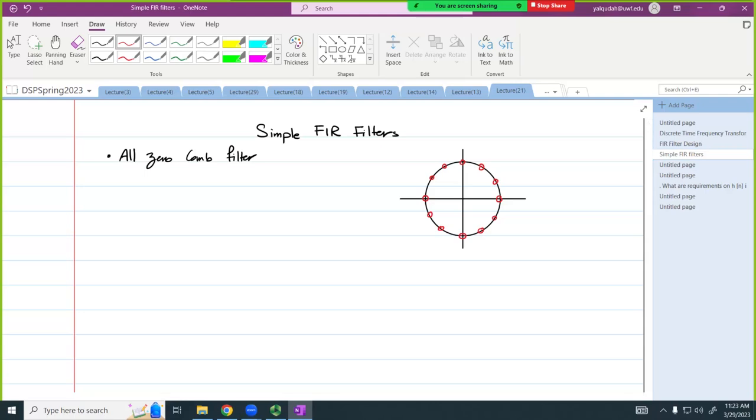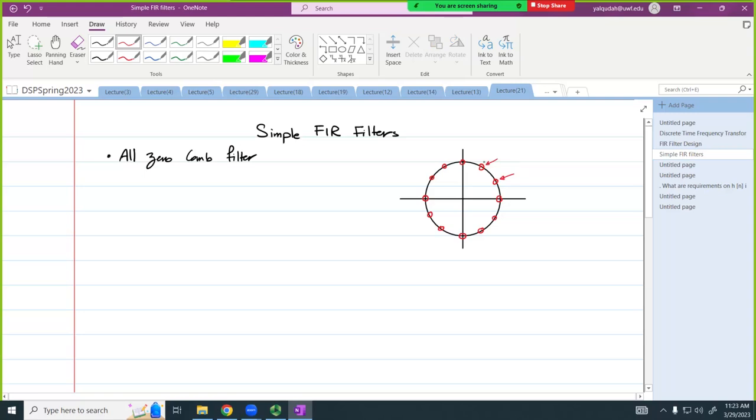What is this filter going to do? It's going to remove all frequencies that have a zero at the unit circle. Does that make sense? This frequency here is going to be removed. This frequency of the input signal is going to be removed.